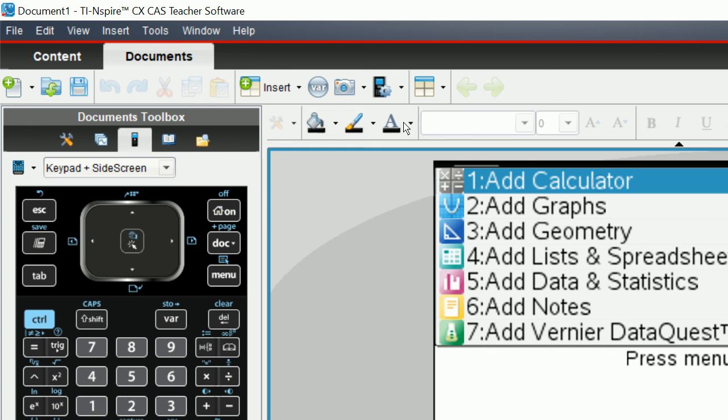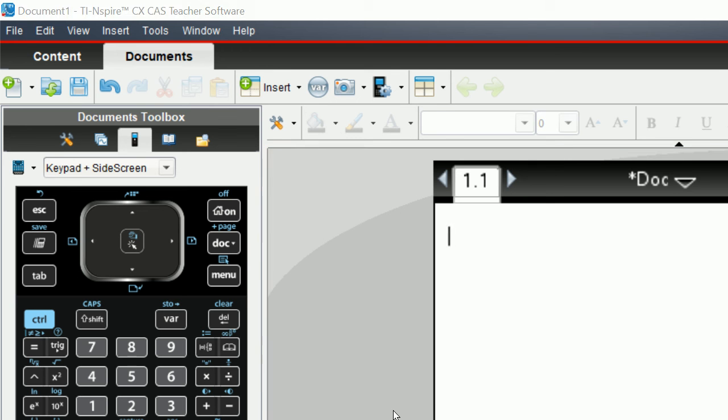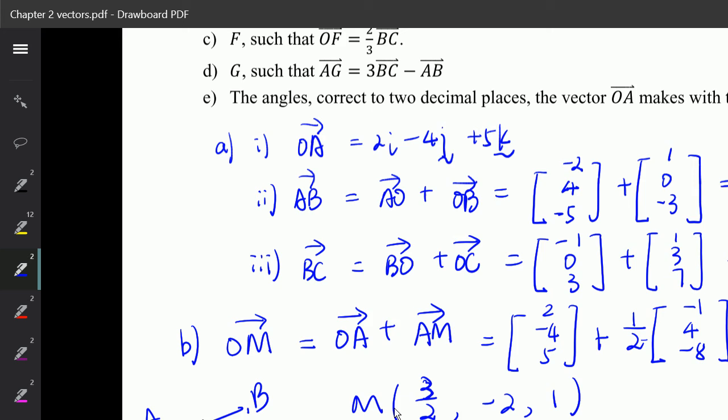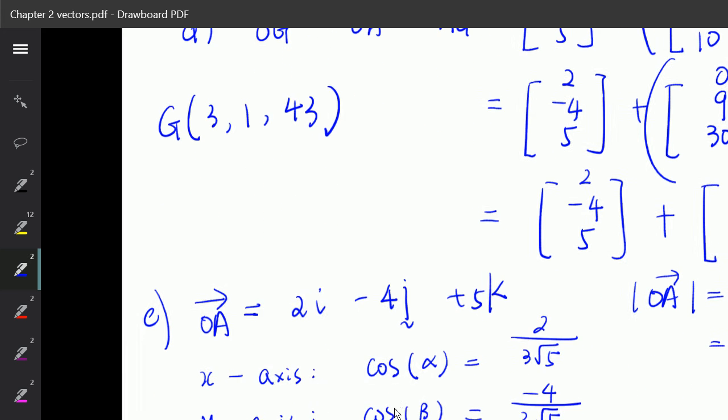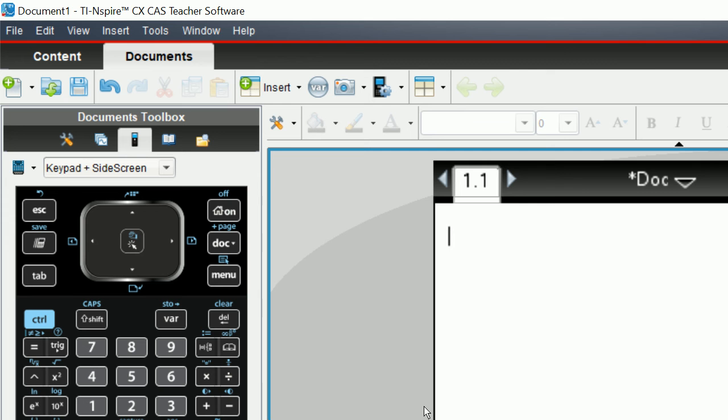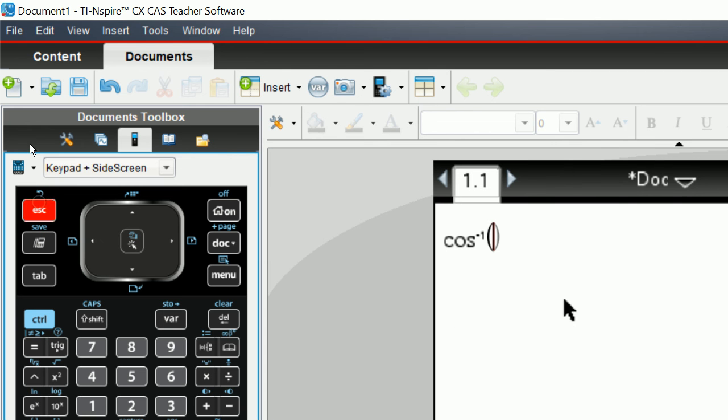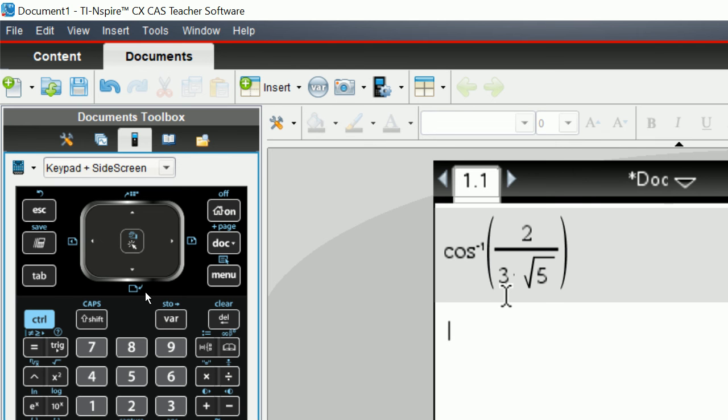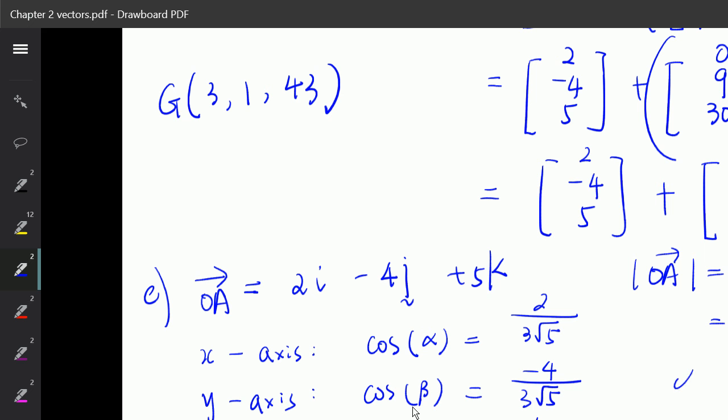If you go to degree form, correct to 2 decimal places, we have inverse cosine of 2 over 3 root 5, so 72.65 degrees.